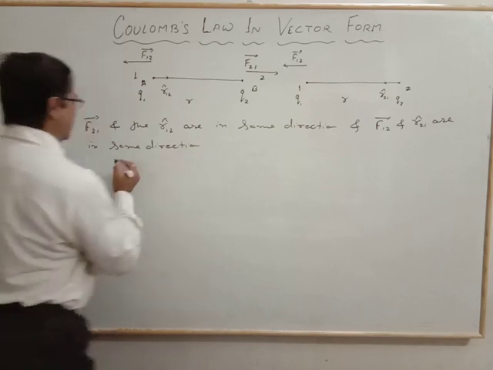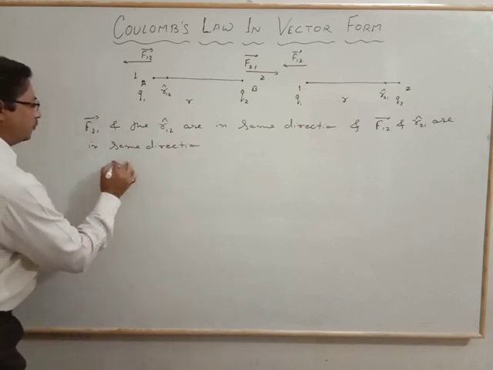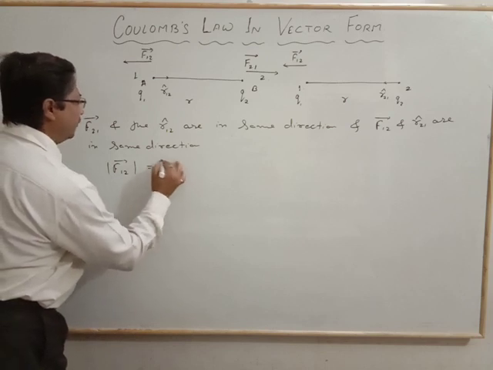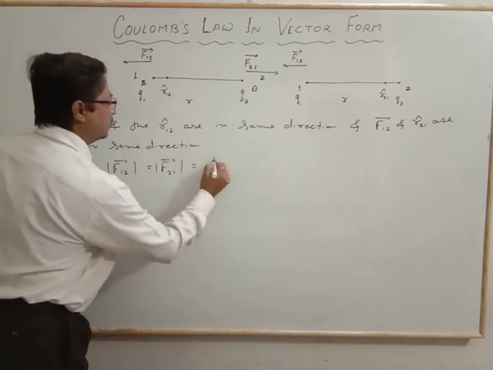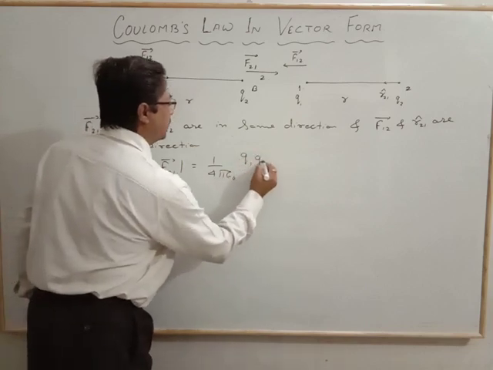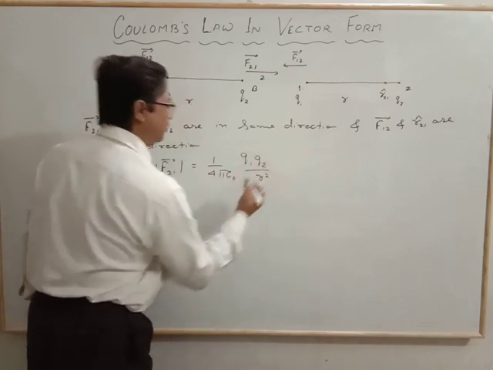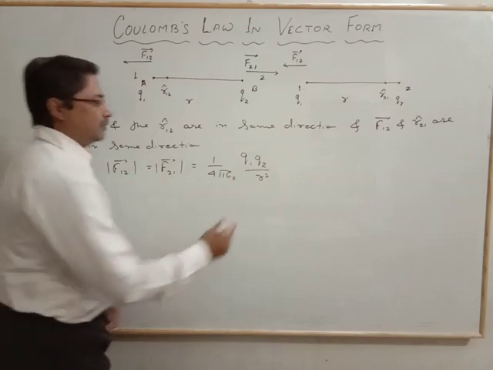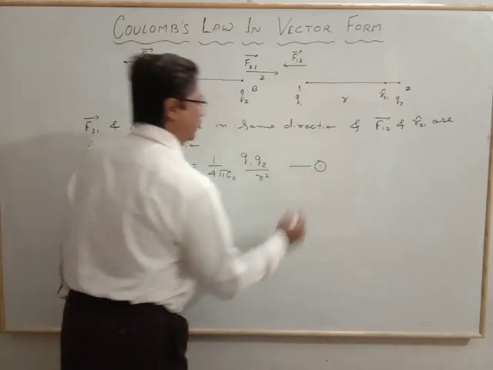Also we know that the magnitude of F12 vector is equal to F21 vector, equal to 1 by 4 pi epsilon naught Q1 Q2 by R square. That only gives the magnitude, and this is equation number 1.